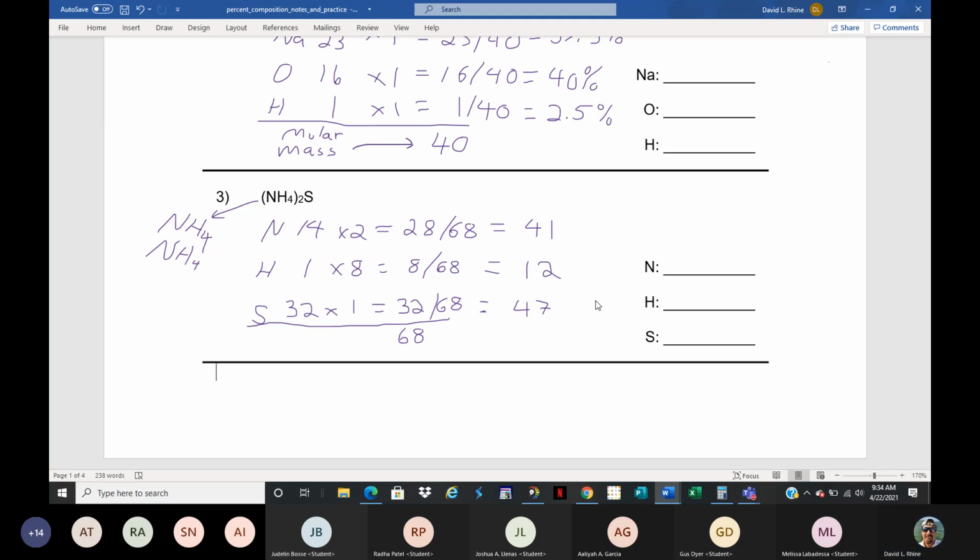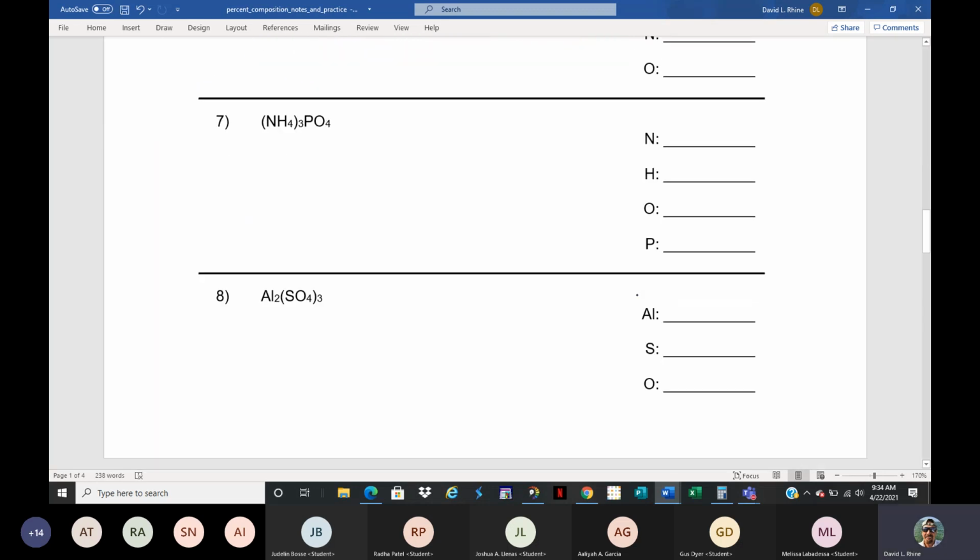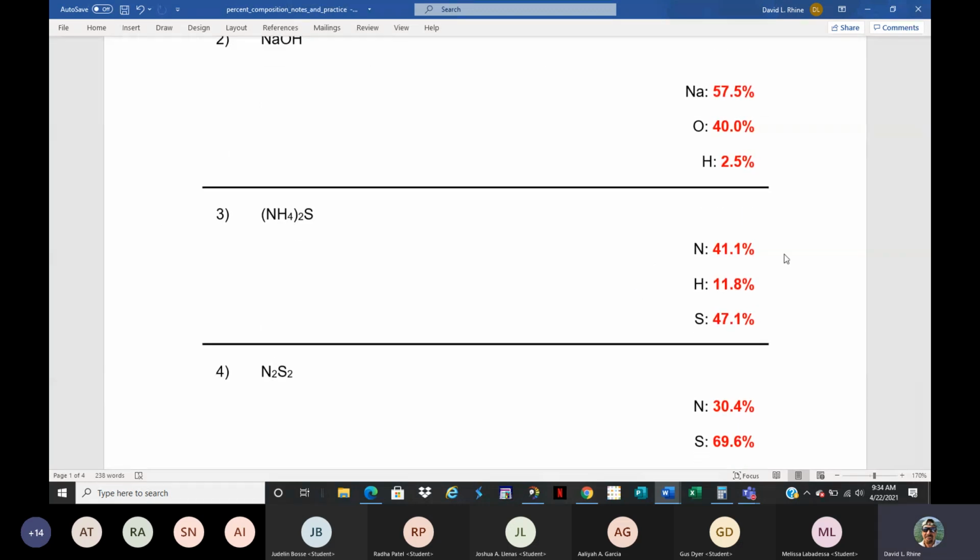Okay? Everybody understand what I did here? And I turn these to percents. So when you do that on the calculator, this is 0.41, this is 0.12, this is 0.47. Again, I did a little rounding. When you look at the answer key, they have 41.1, 11.8, 47.1.